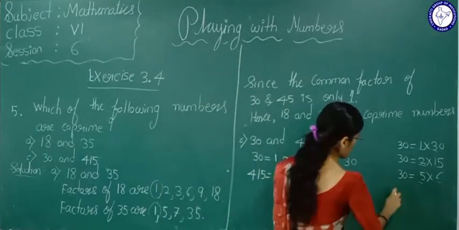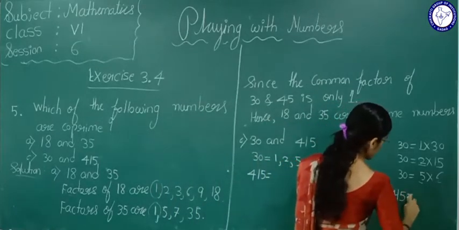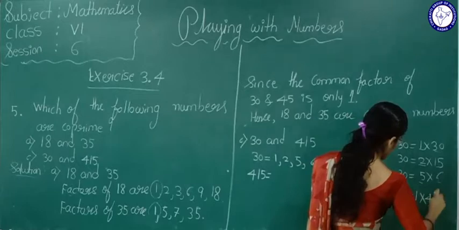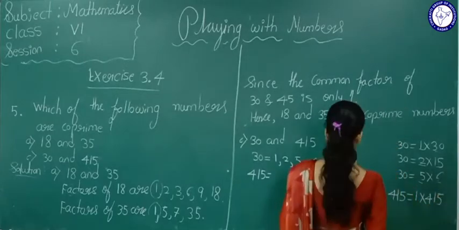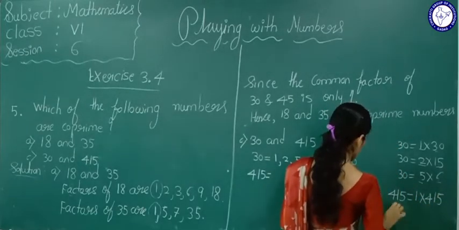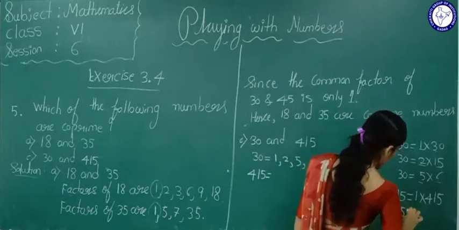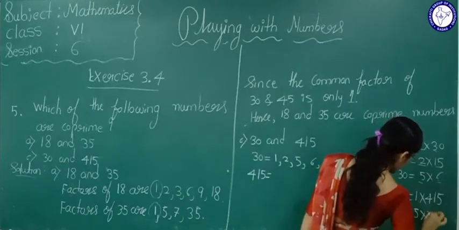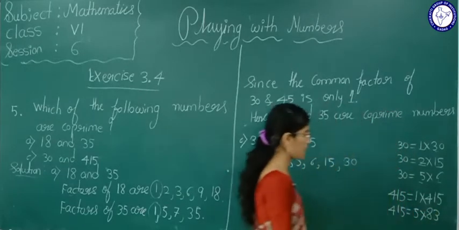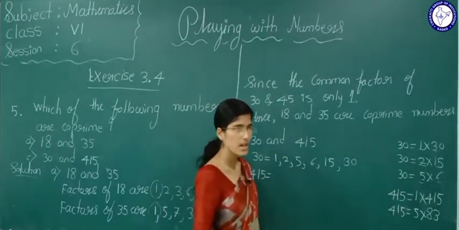Now, what are the factors of 415? 415 can be written as 1 415s. Again, this 415 can be expressed as 5 83s. Can it be expressed in any other way?